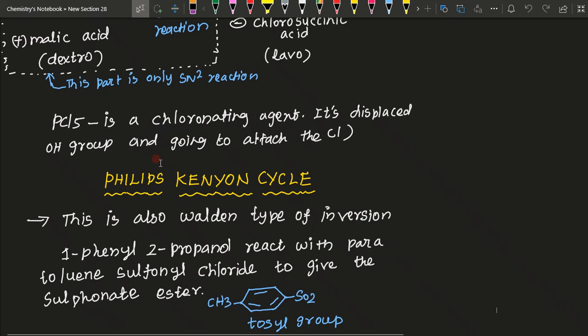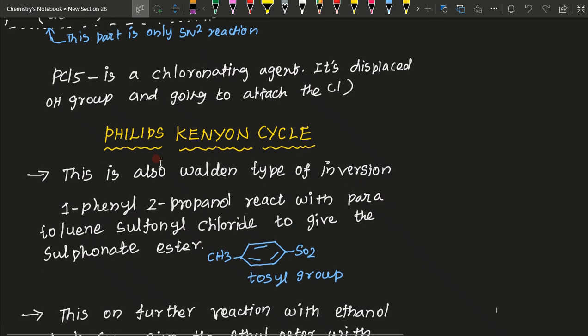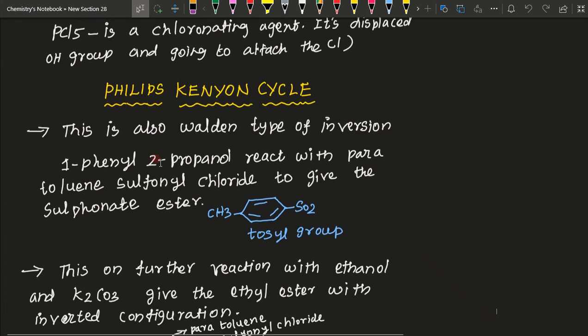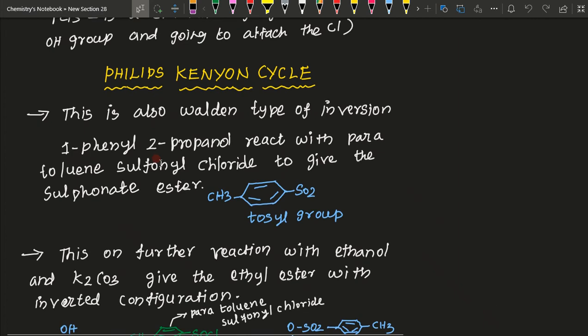Next, Phillips-Kenyon cycle. This is also a Walden type of inversion. For example, 1-phenyl-2-propanol reacts with para-toluene sulfonyl chloride to give the sulfonate ester. This special group is called the tosyl group.